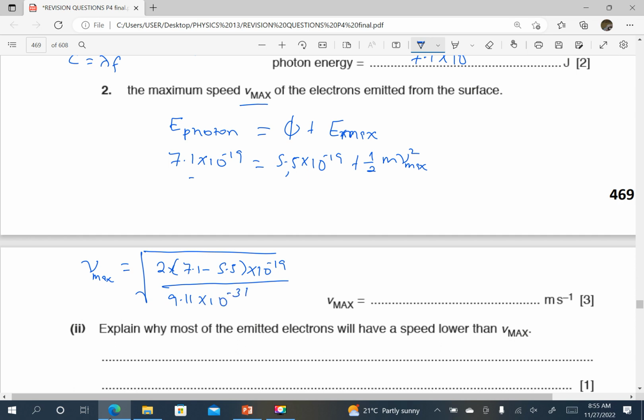So I press my calculator. If you're not a math student, you can do this step by step. You take this one to the other side, you subtract, you multiply by 2, you divide by the mass m of an electron, then you find the square root. If you're a math student, this is direct.